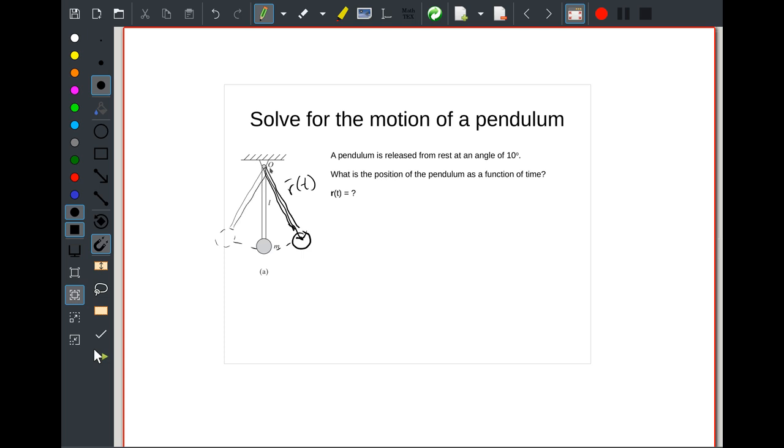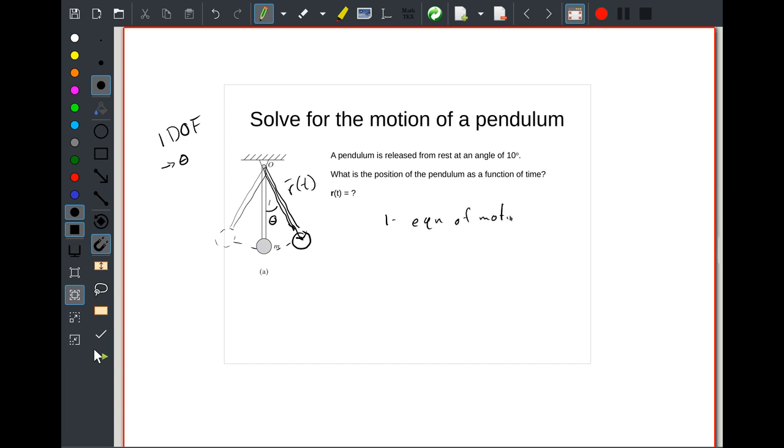So I'll approach this problem in 3 steps. You should notice that there's 1 degree of freedom in this system. I'm going to call it theta, that if I know the angle of the pendulum, then I know everything about the state, that I know where this pendulum is going to be. So the first step, once we've recognized that it's 1 degree of freedom, is create an equation of motion.